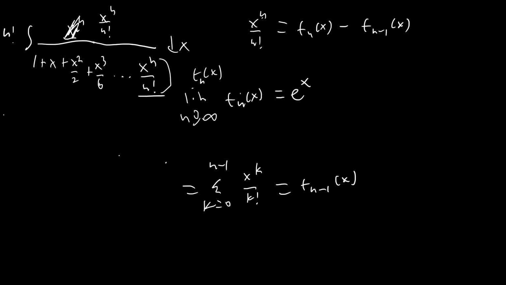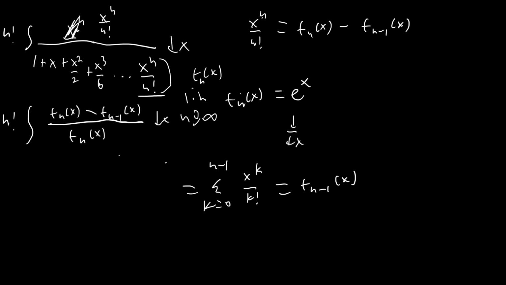So we have n factorial times the integral of f_n of x minus f_{n-1} of x over f_n of x dx. And we know that d over dx of f_n of x equals f_{n-1} of x. And so that's going to help us.